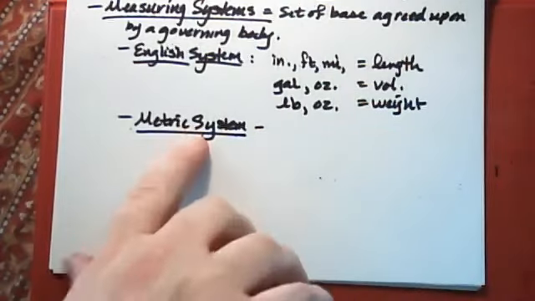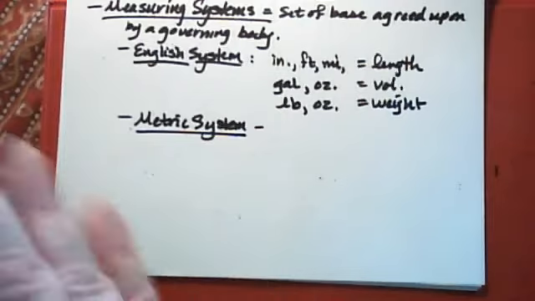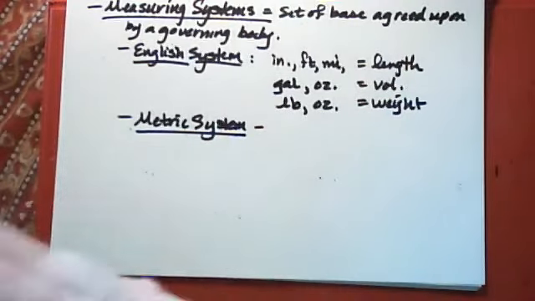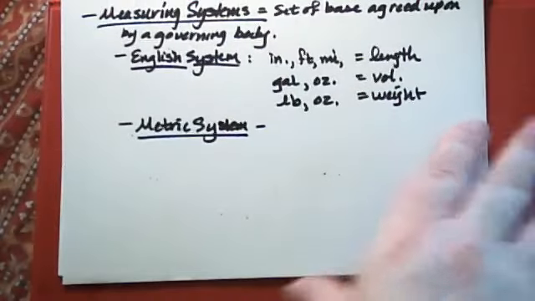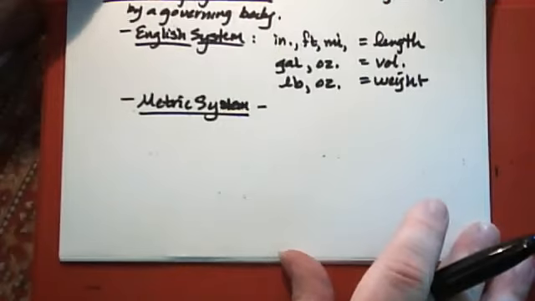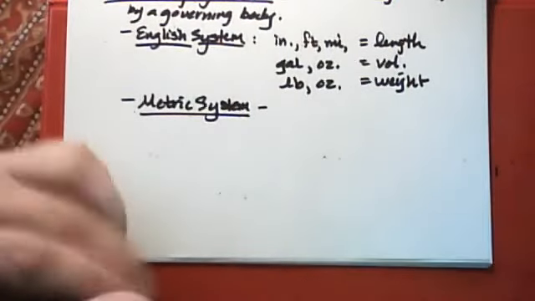With the metric system, everything is based on factors of 10. So relationships between two units will usually be something like 10 or 100 or 1,000 or a million maybe, or 1/10 or 1/1000th or something like that. You don't get weird numbers like 12 and 36 and 5,280. So that's an advantage to the metric system.